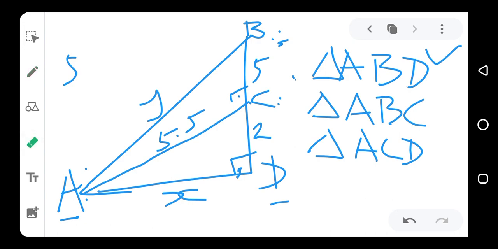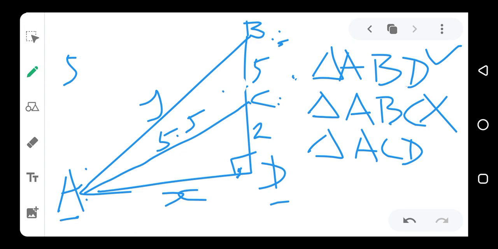We are not using triangle ABC. Since there's no known 90 degree angle in it, we cannot use it to solve using Pythagoras theorem.